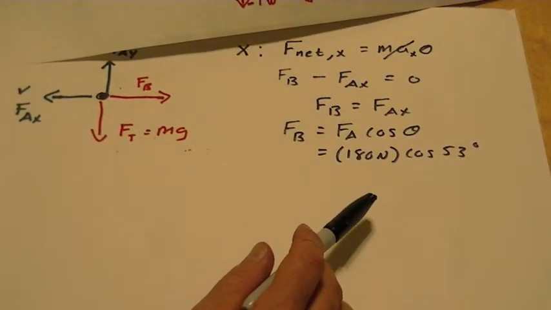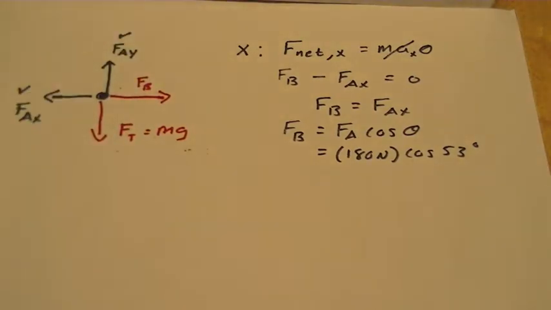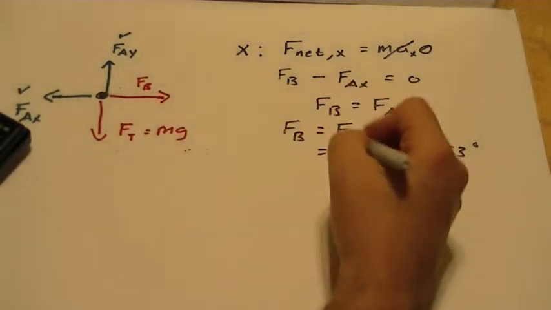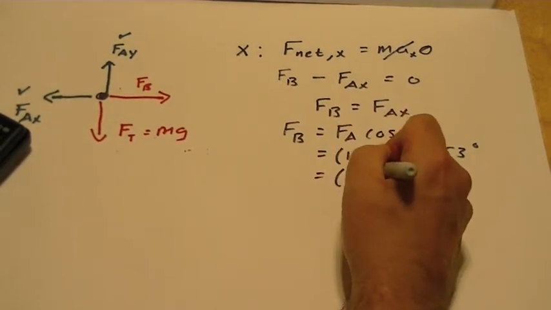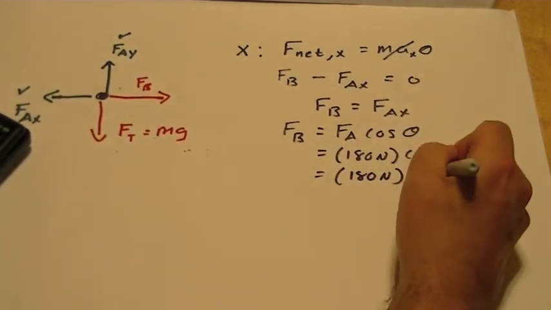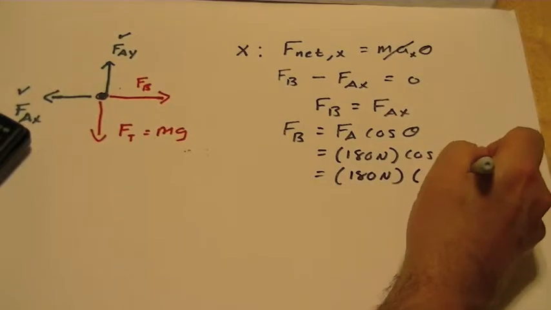Now, I have my calculator here, and so I'm typing in the cosine of 53, and I get that this is actually going to be 180 newtons times the decimal 0.6018.